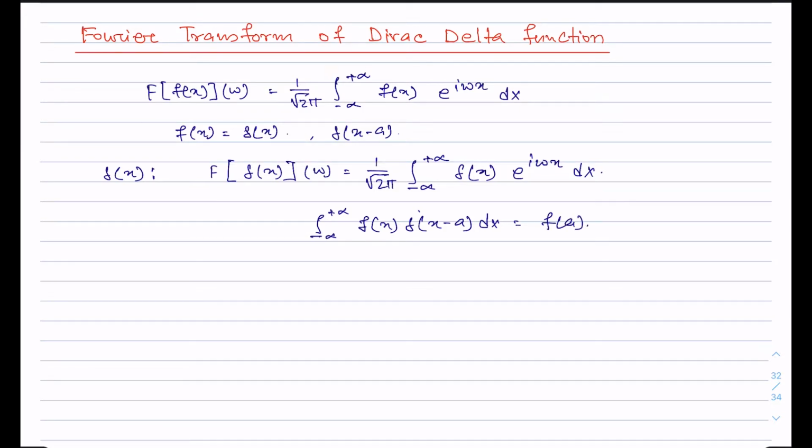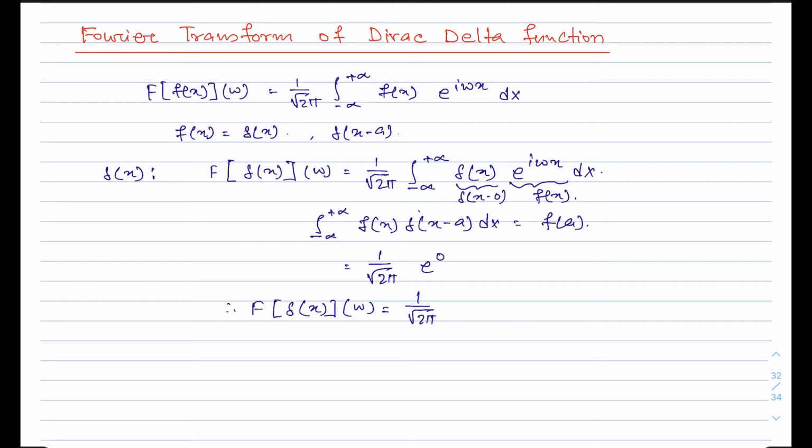So in our case f(x) is e to the power i omega x, and the delta function is defined at x equal to 0, that is delta(x minus 0). So we can write it as 1 over root 2 pi times e to the power 0, which is 1. So the Fourier transform of delta(x) is 1 over root 2 pi.